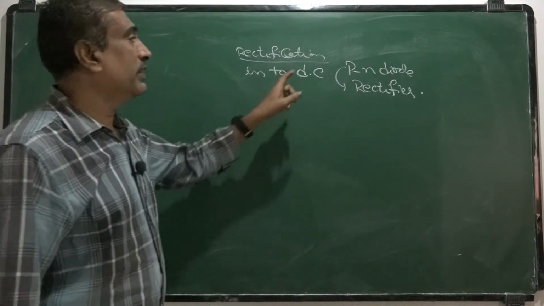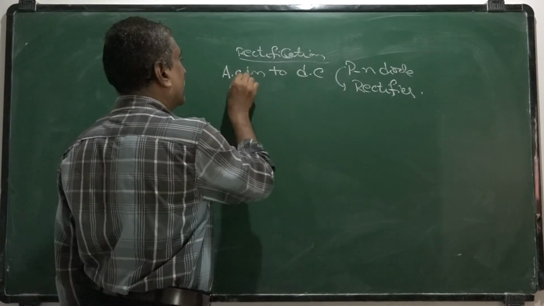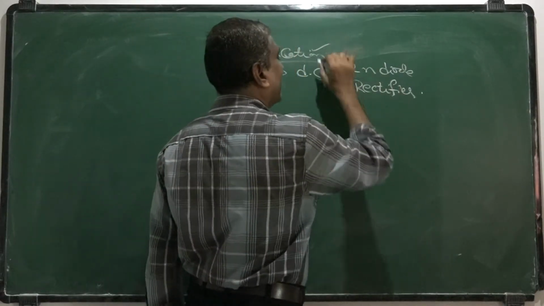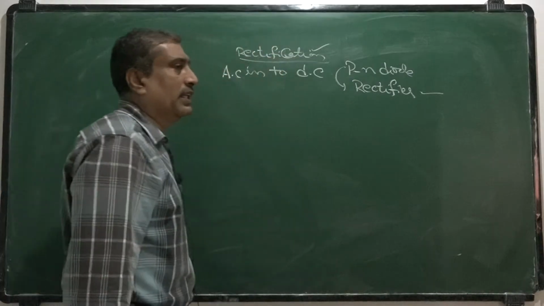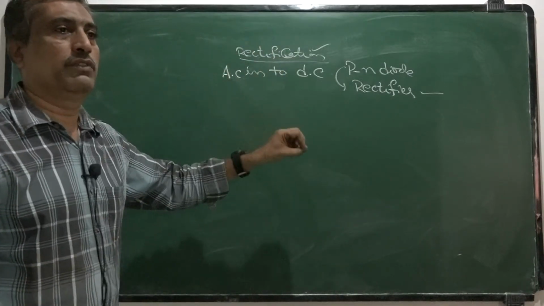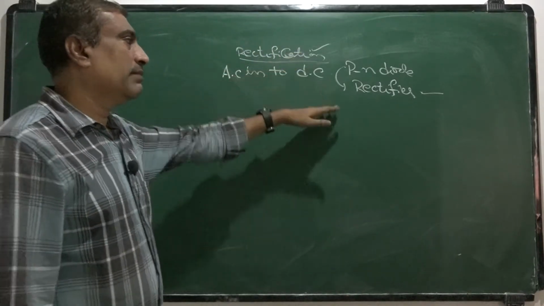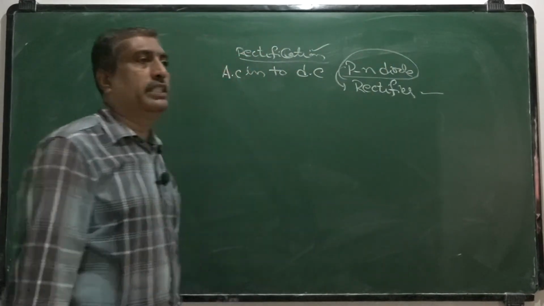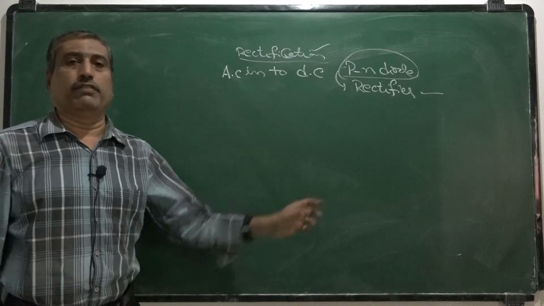Rectification means the process of converting alternating current into direct current, and the device used for rectification is called a rectifier. That device is the PN junction diode, so the PN junction diode is used as a rectifier.